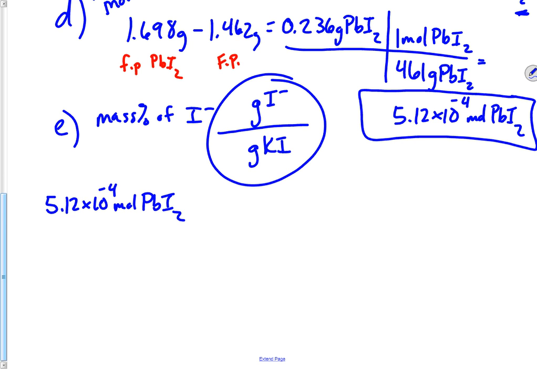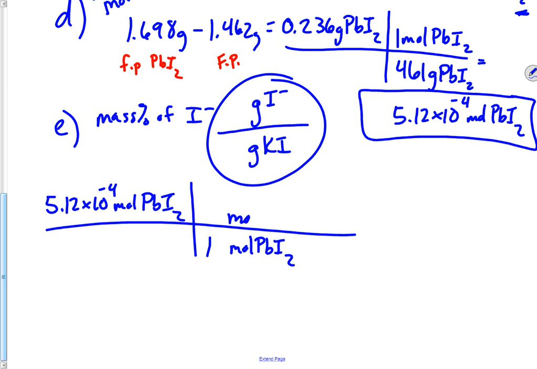For those of you that don't have class yet and it's coming up, this will actually help you with the problem we're going to work on. If I want to get to moles of I minus, you need to do a ratio. You're already in moles, so now you can do mole ratios. For every mole of PbI2, how many moles of I minus do I have? 2. That's how it works. And then from there, I can actually get into grams right now.